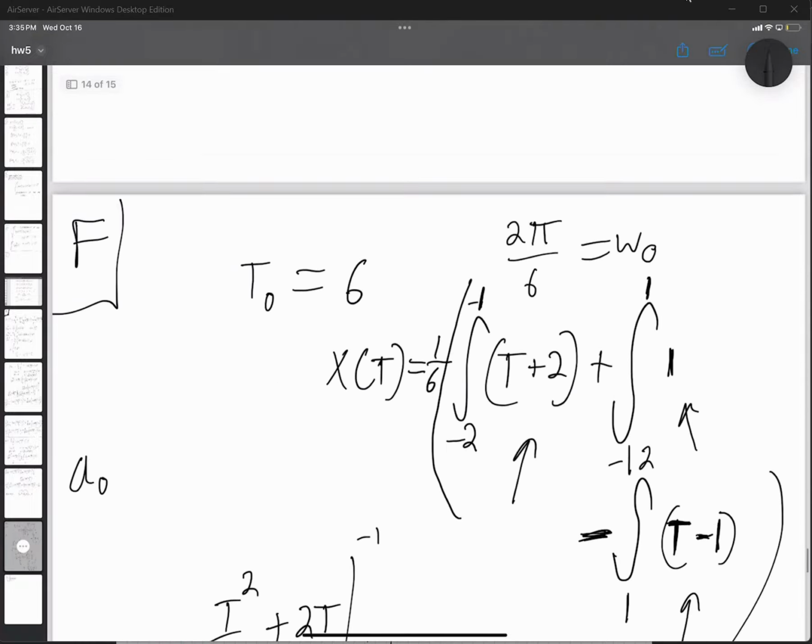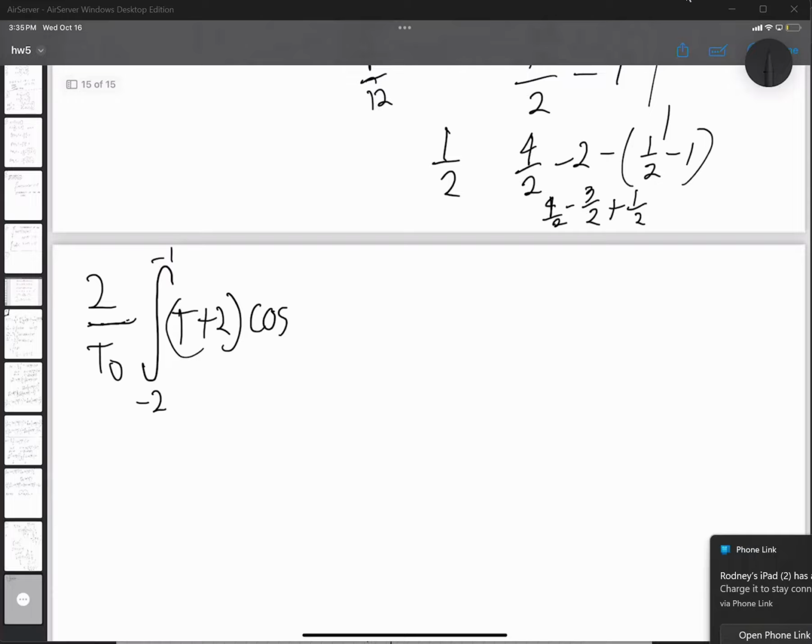What is omega naught? 2 pi over 6, which is pi over 3. That's so much integration by parts. No, you can't do this to me.